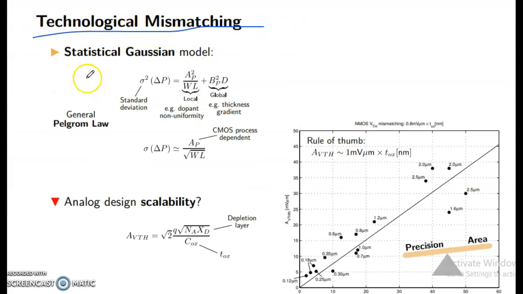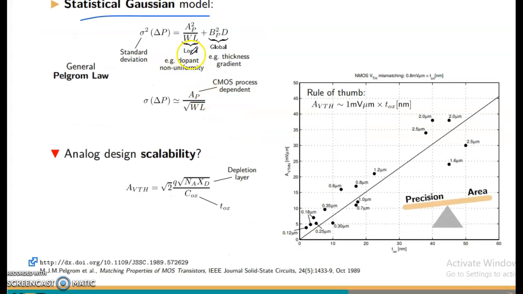Technological mismatching, statistical Gaussian model, the same as what we have seen in the last slide. Analog design scalability: A_P is the local standard deviation, global thickness gradient, dopant non-uniformity. General Pelgrom law: sigma of delta P equals A_P divided by root WL, CMOS process dependent.